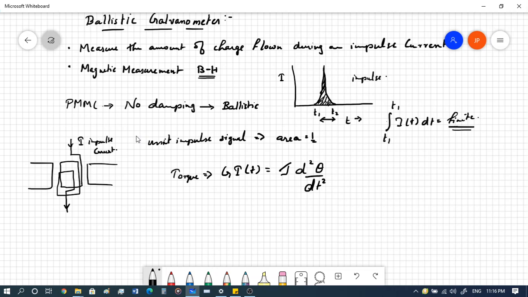And since there is no damping, this coil keeps oscillating, and we'll see how these oscillations can be measured. Here we can take this J inside and rewrite this expression as d by dt of J into d theta by dt.